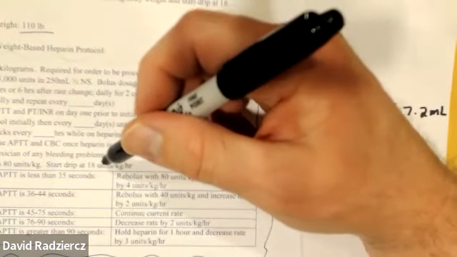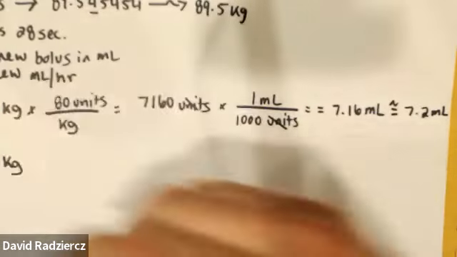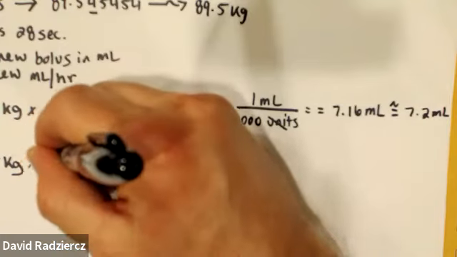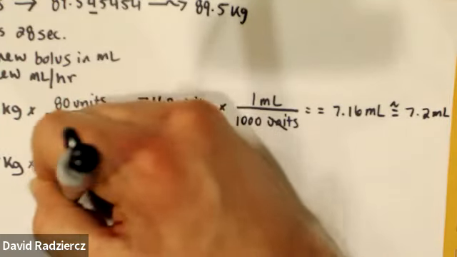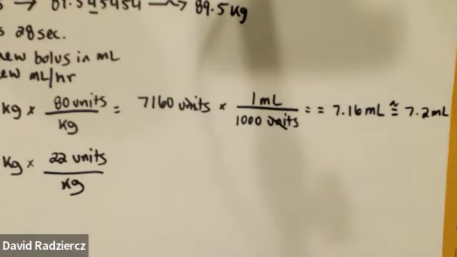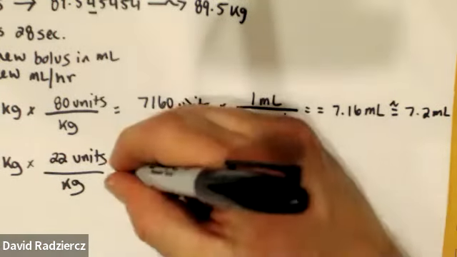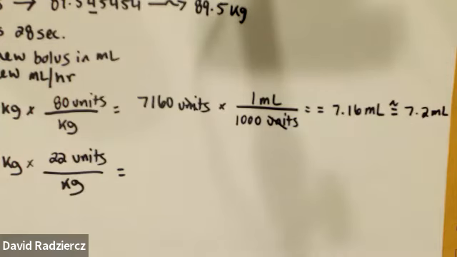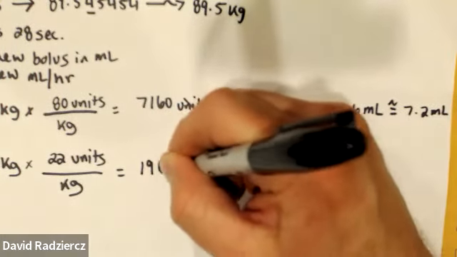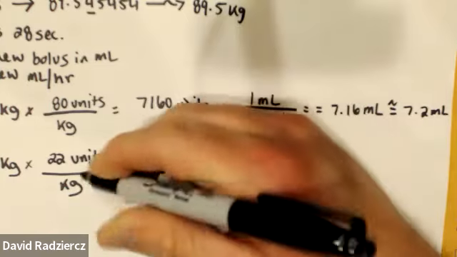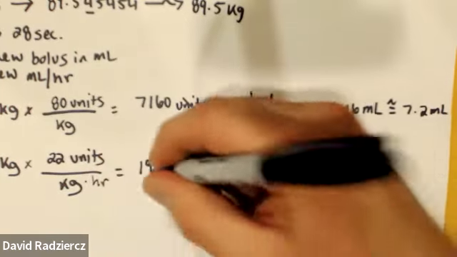The initial was 18 plus 4, we get 22 units per kilogram. So what's 89.5 times 22? You're going to get 1969 units per hour. Sorry, I forgot the per hour here.